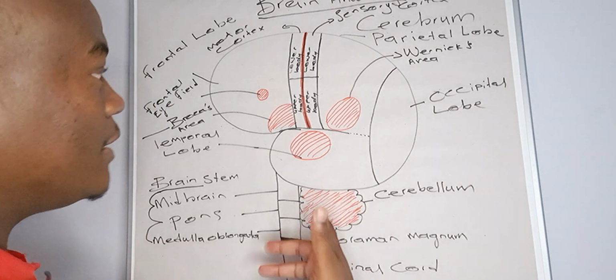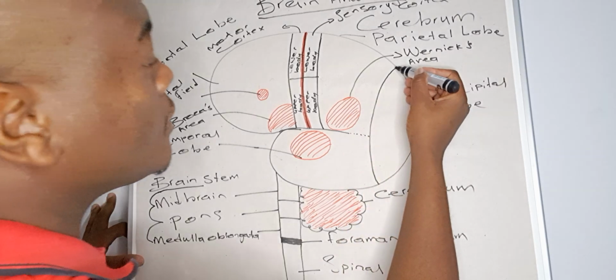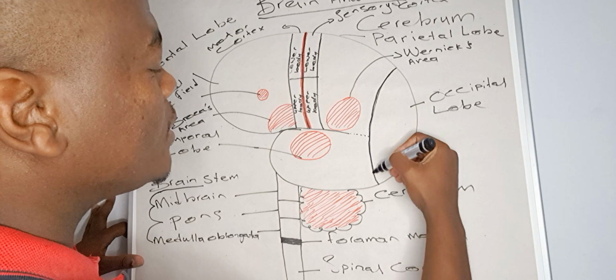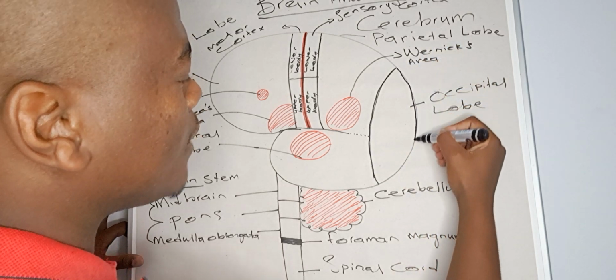Allow me to start illustrating this particular anatomical structure. There is no substitute for drawing your own image. As I always say, you can draw your own also, it's fine.